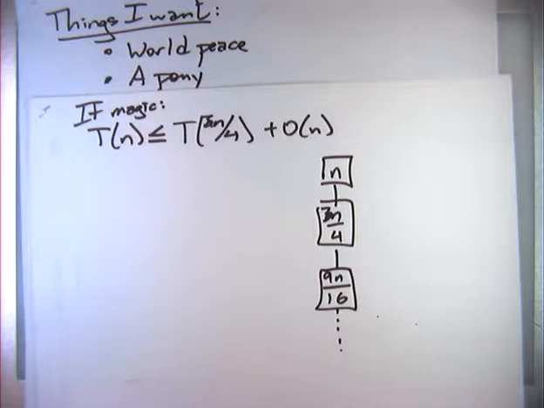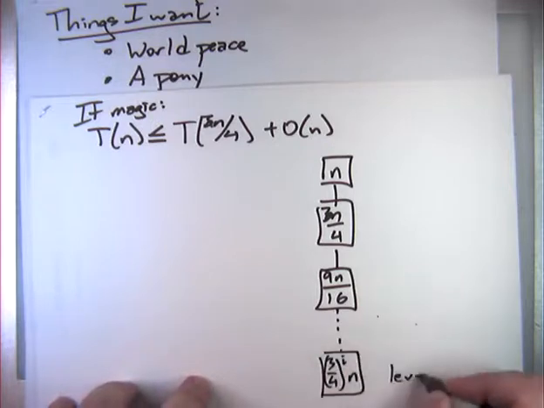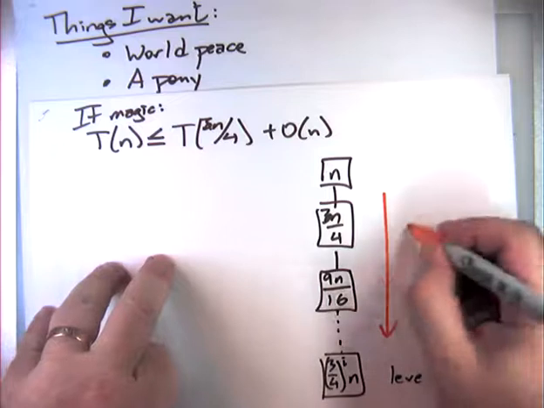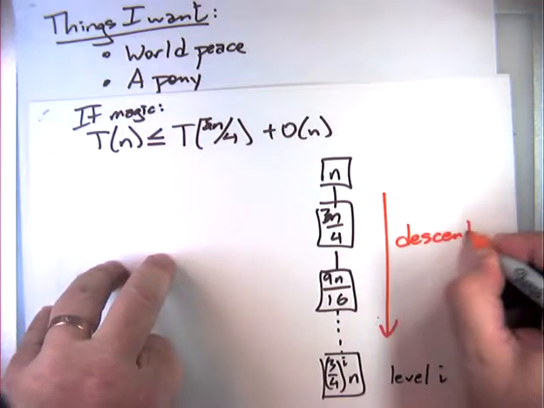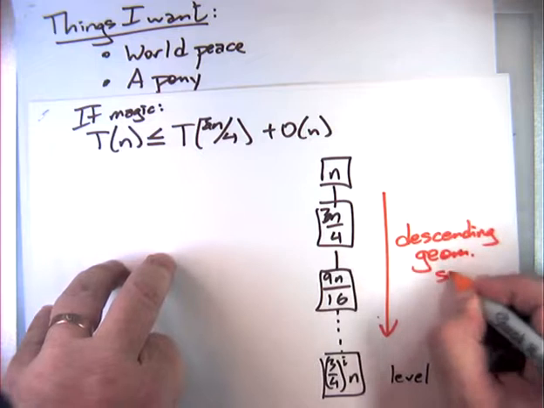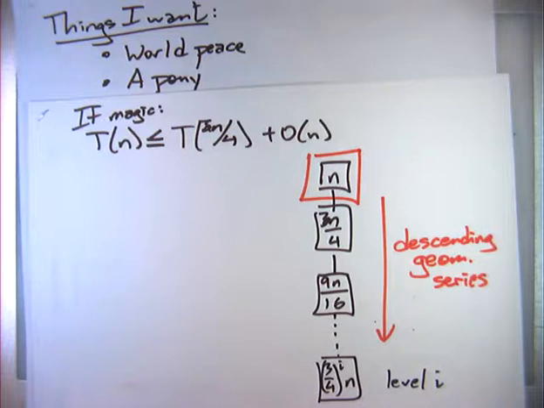In general, I'm going to have (3/4)^i times n at level i. The important thing to notice here is this is a descending geometric series, which means the only thing that matters is what's at the root.